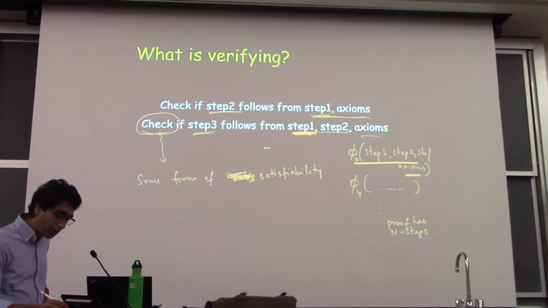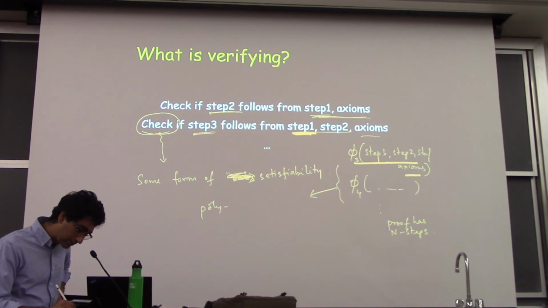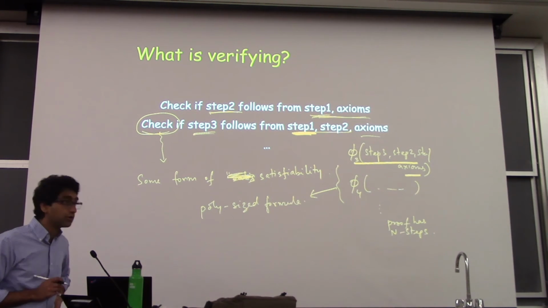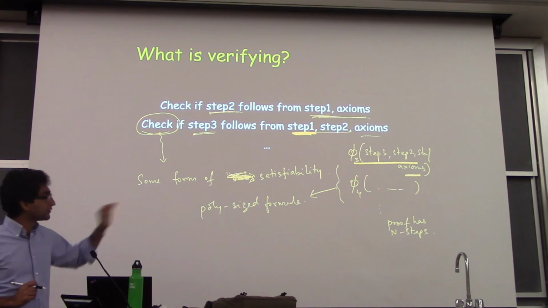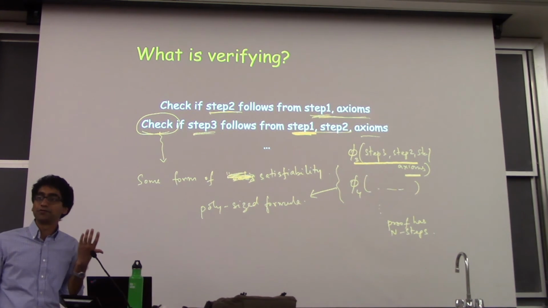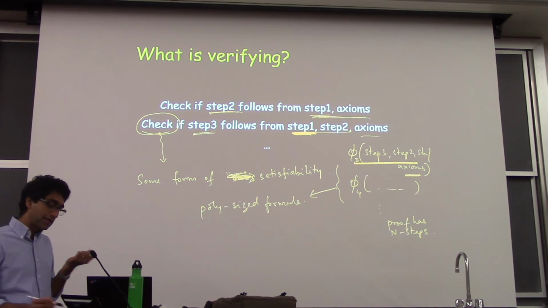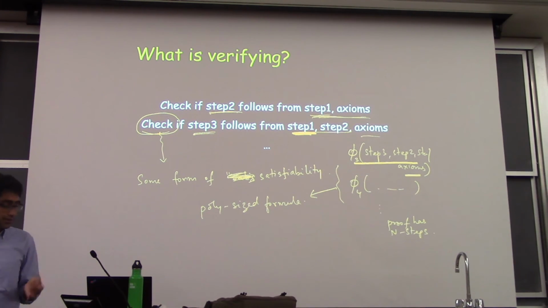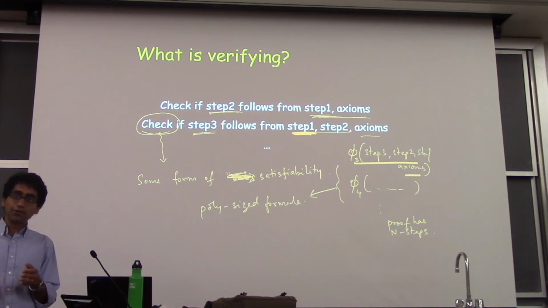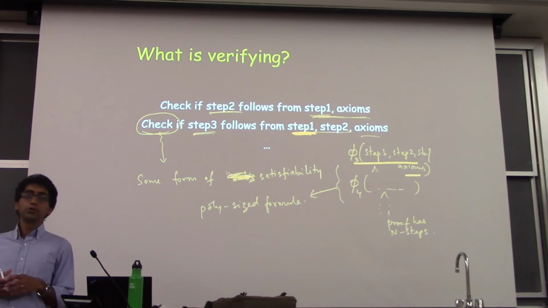So overall, this is just a poly-sized formula. Let's not go into the formal details, but intuitively you can convince yourself that every step of verification you can write down as a formula, check if everything is consistent, and then you have n of these. You want all of them to be true, so you put an AND of all of them. You want all of them to hold.